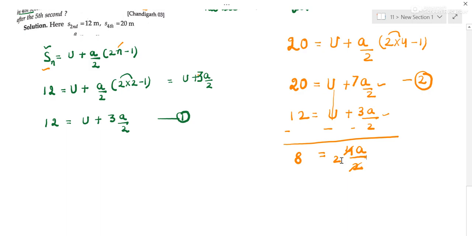So 2A equals 8, which means A equals 4 meter per second square. A found.